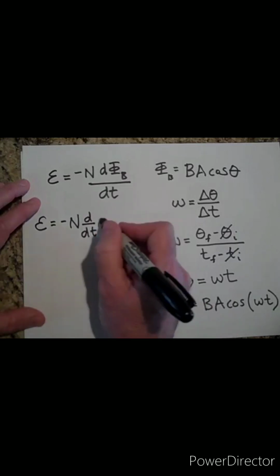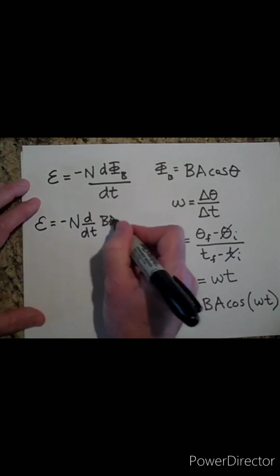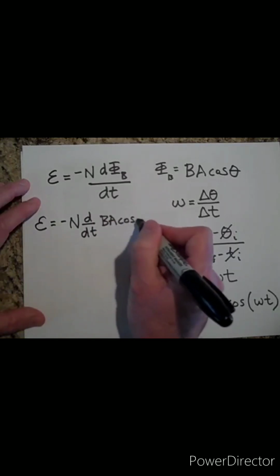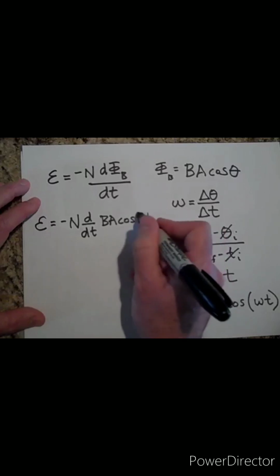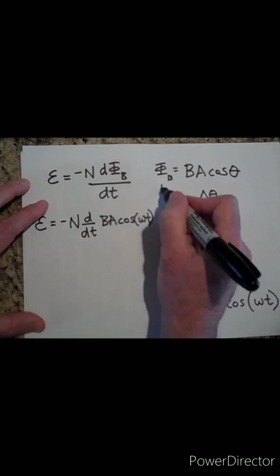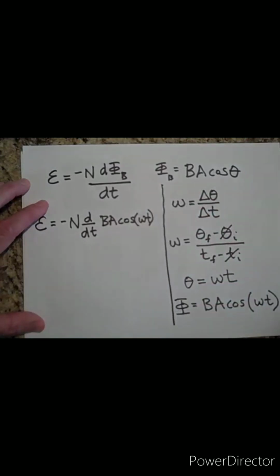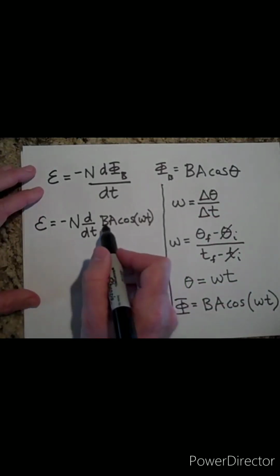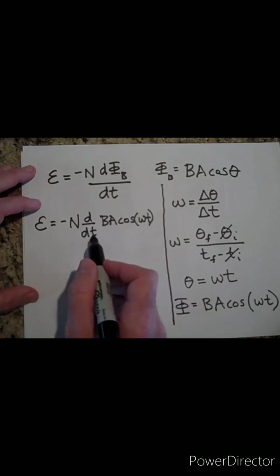Okay, so that's the EMF induced, and I'm going to write it on a sheet of paper. So let's see how we can make sense of this. Again, the EMF induced is negative N, the derivative of BA cosine omega t with respect to time.